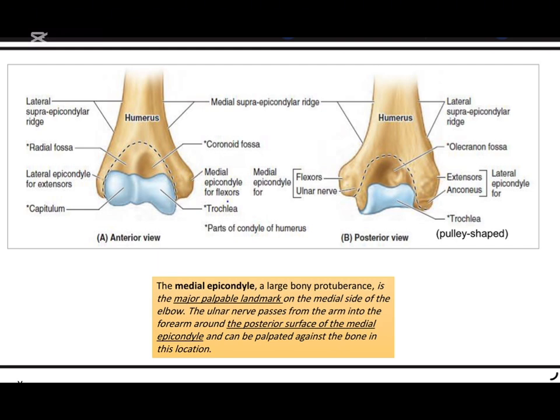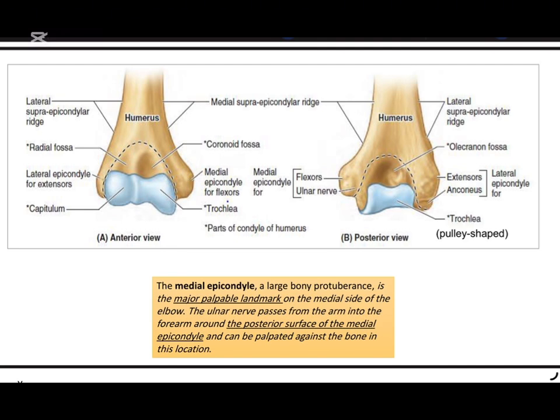When I do flexion at the elbow joint, the process will come inside this fossa, so we call this the coronoid fossa. On the top of the capitulum, I have another fossa, I call it the radial fossa, because the head of the radius, when I do flexion at the elbow joint, will come to the radial fossa.